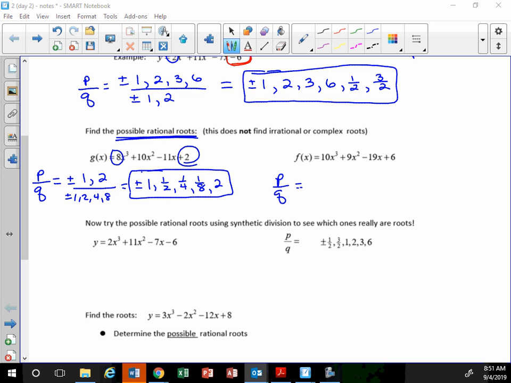Remember, you don't have to repeat them. If the fraction would reduce to something you already had, you don't have to write it again. It's kind of a long list.